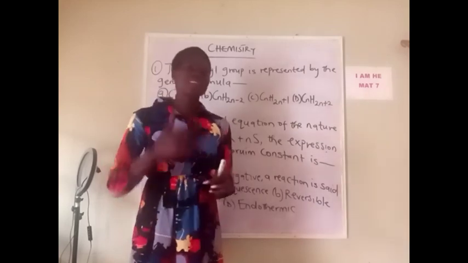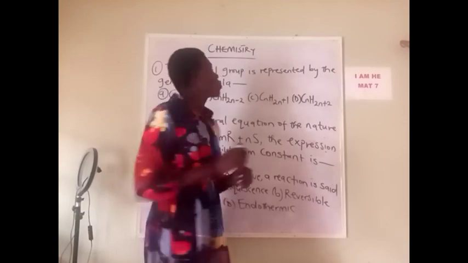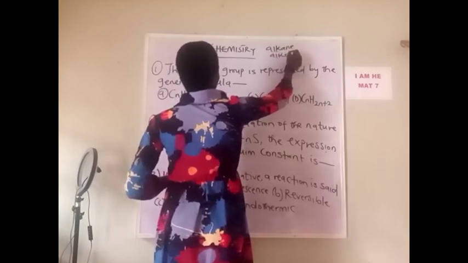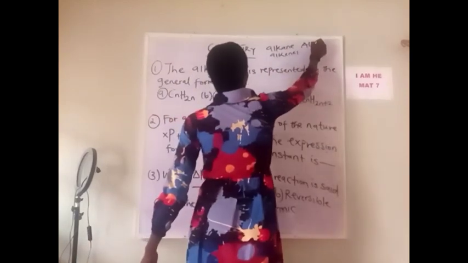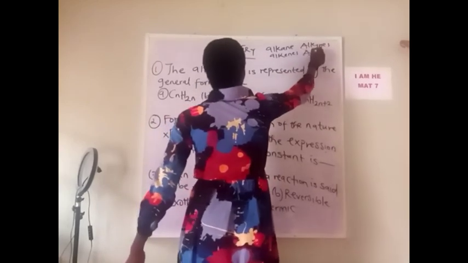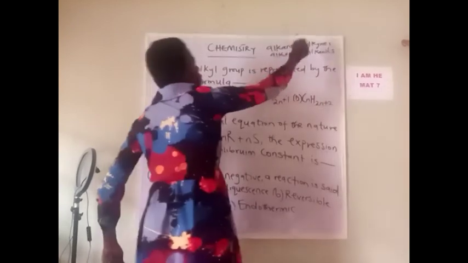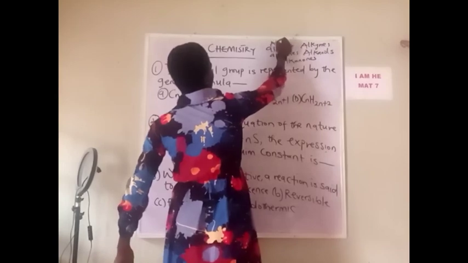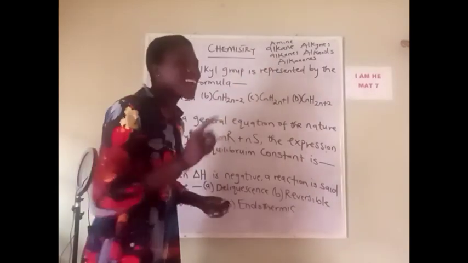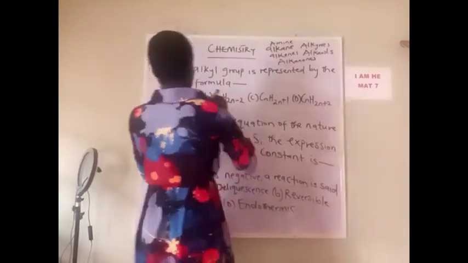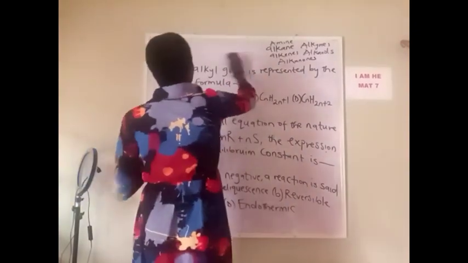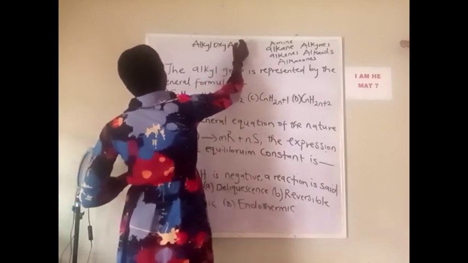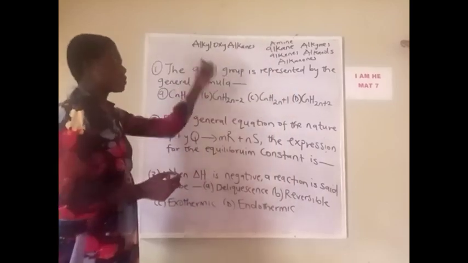We have the alkanes, the alkenes, the alkynes, the alkanols, the alkanoic acids, the alkanones, the amines, and the alkyl oxy alkanes. I think in my next video I'll talk about this homologous series.